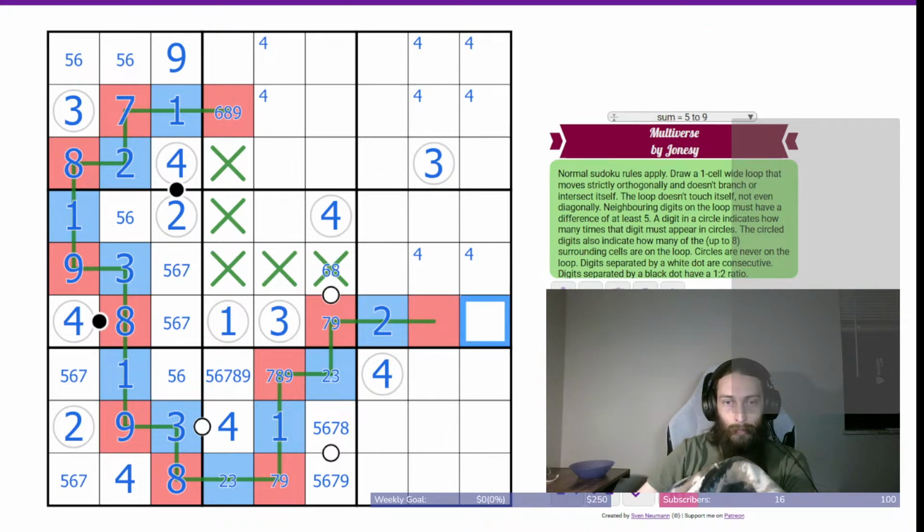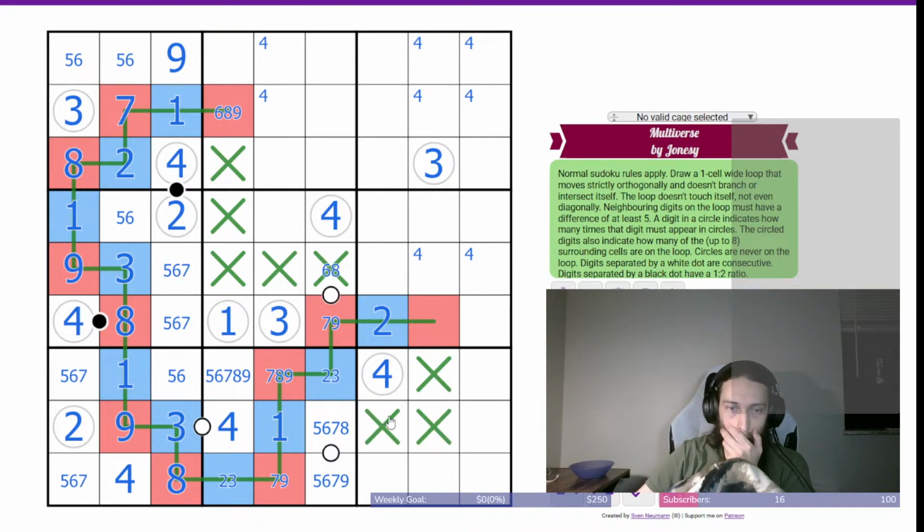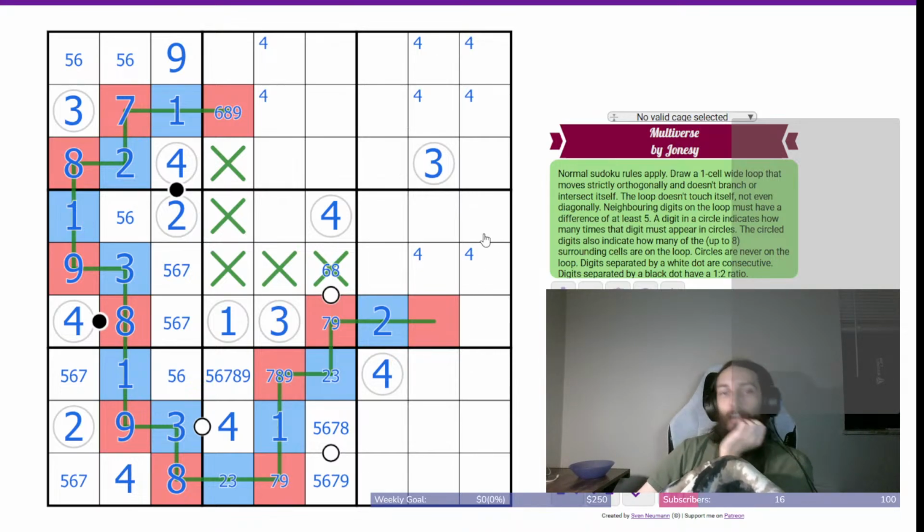Right. And now we know that all of those are locked out. If I went behind the 3, I would have to go like this.